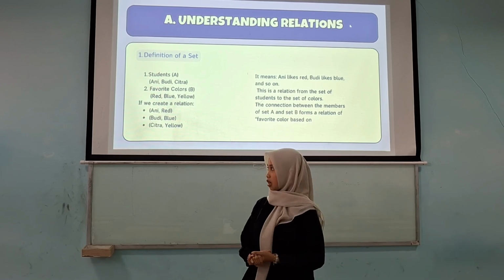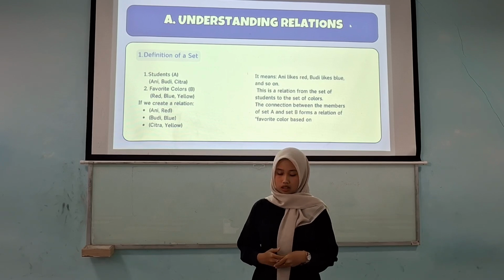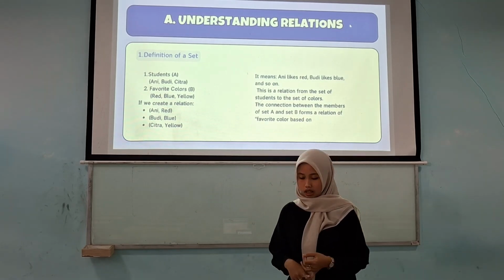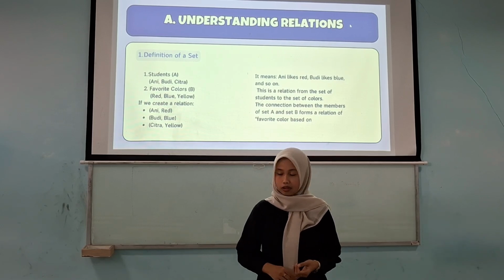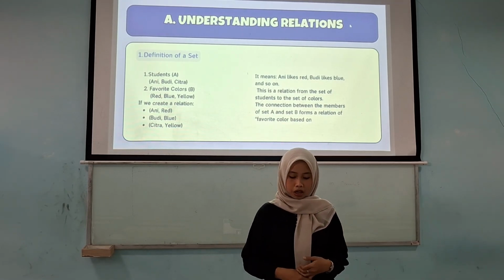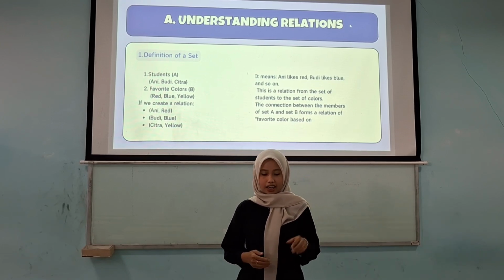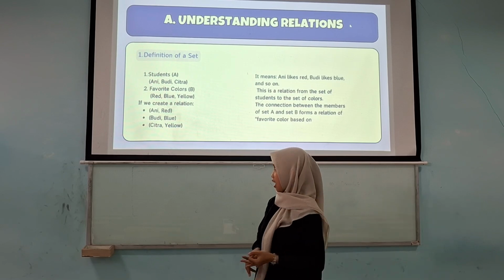Okay, we have a subject and an object that can be paired. First, the subject is student, and the object is favorite color. We symbolize the student set as A, which consists of Ani, Budi, and Citra.